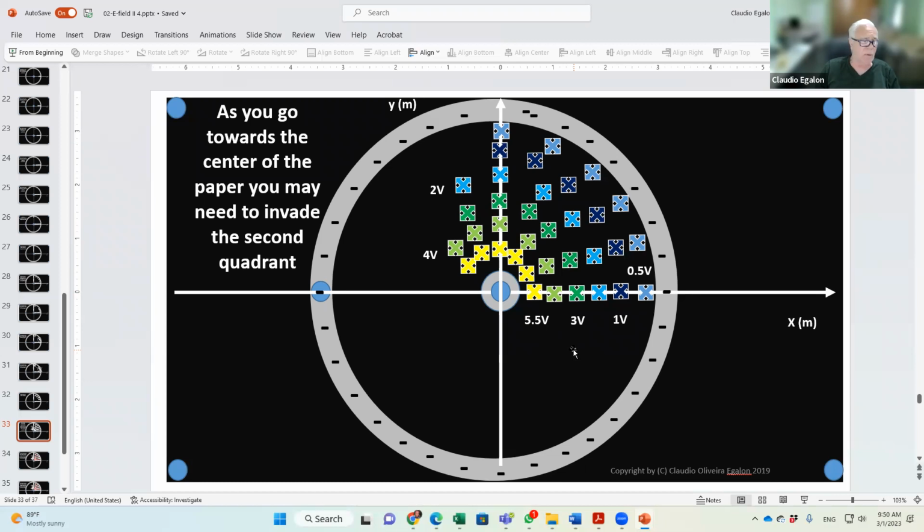So if you did everything right, you're going to get something like that. Equipotential half, equipotential 1 volt, that should be 2 volts, the next is 3, 4 volts, 5.5.